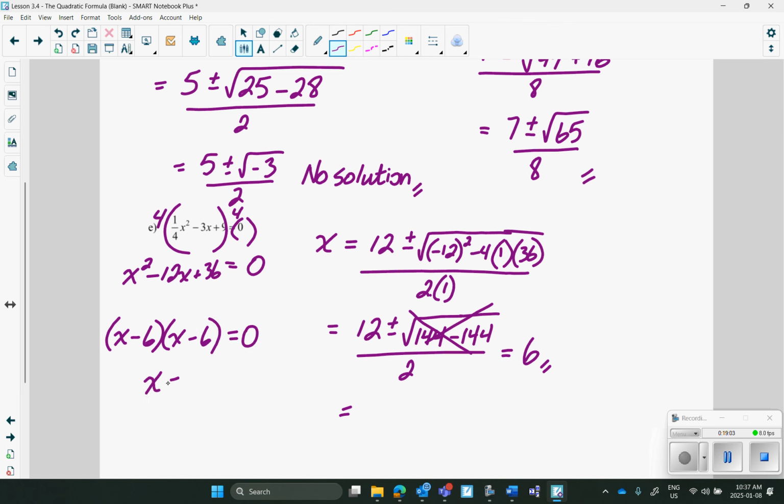Therefore, your only solution is x equals 6. That has to be the same as if you use the quadratic formula. Okay? Okay, we're going to stop there for now.